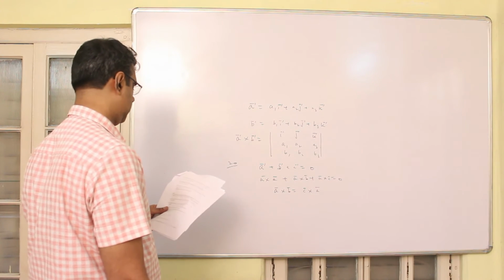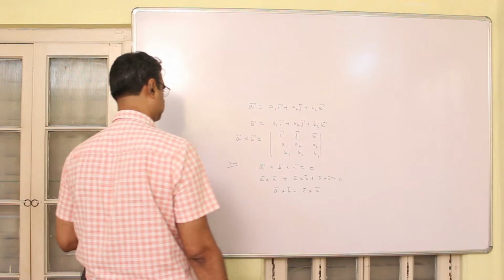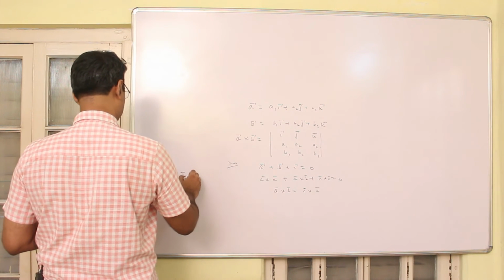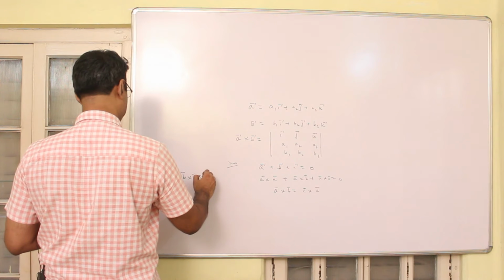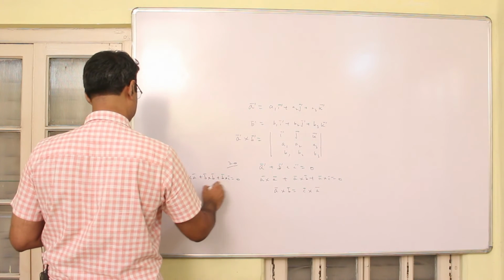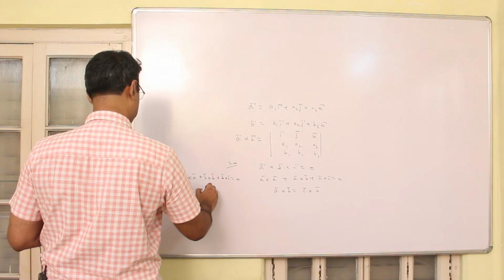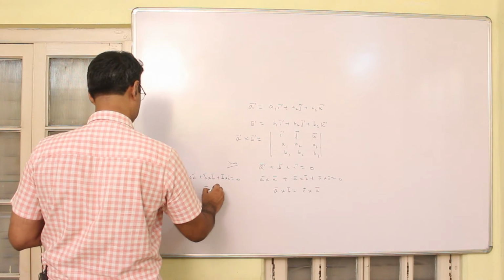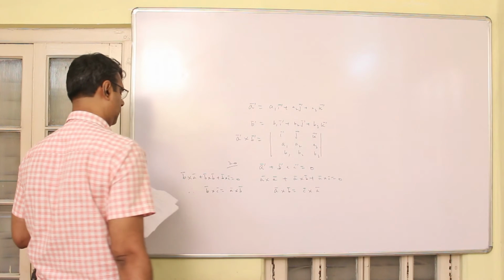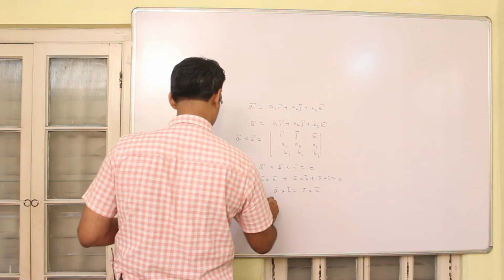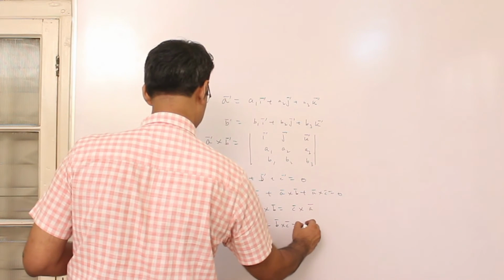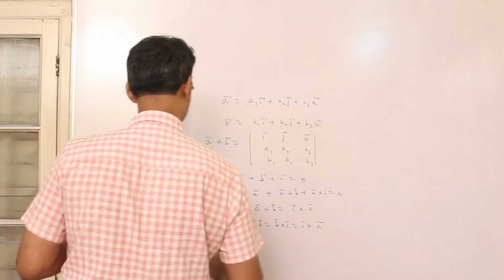So A cross B is equal to C cross A. Similarly, if you cross both sides with B, then B cross A plus B cross B plus B cross C is 0. So you will get B cross C is equal to A cross B. Now if you take these two together, you will get A cross B equal to B cross C equal to C cross A.